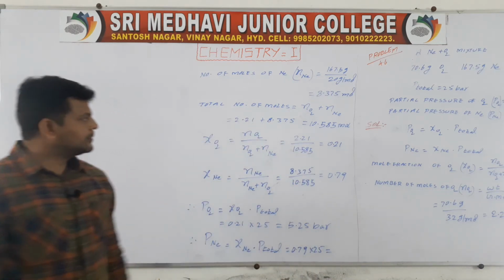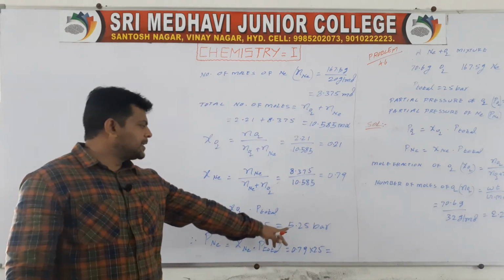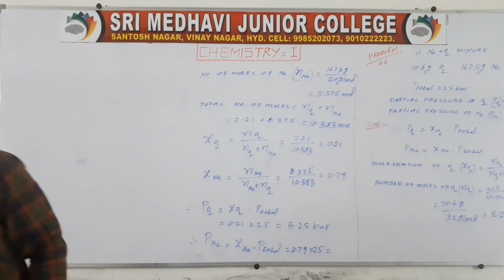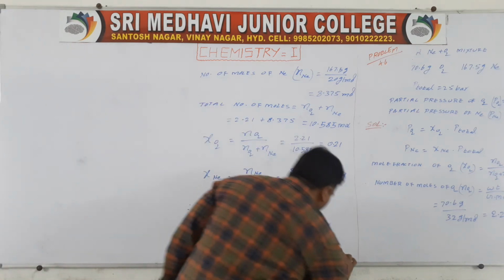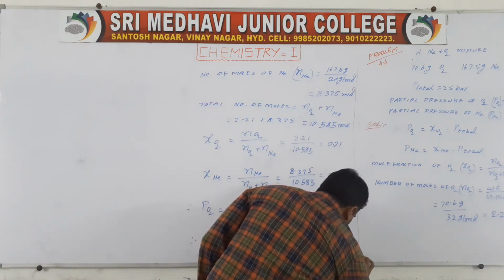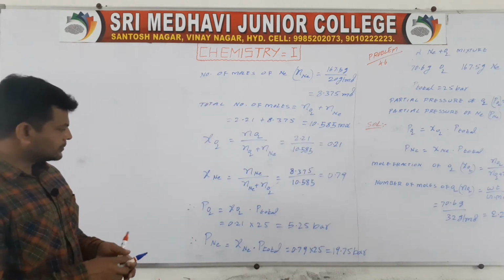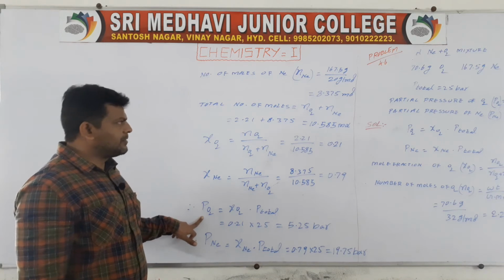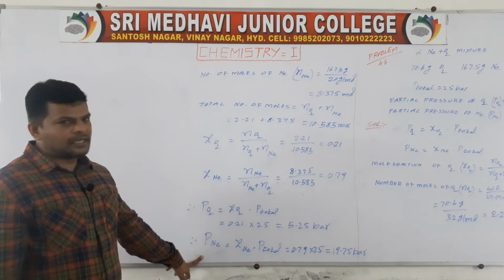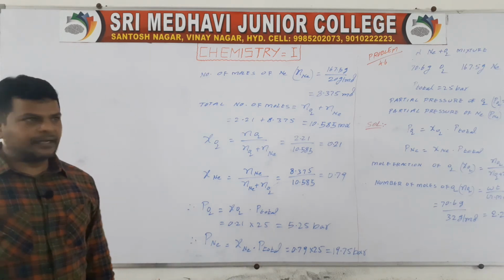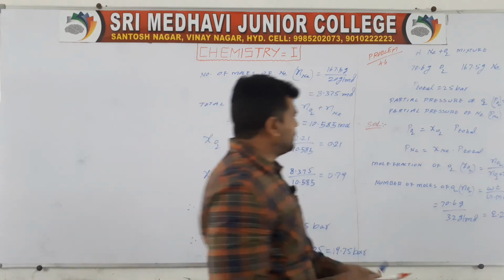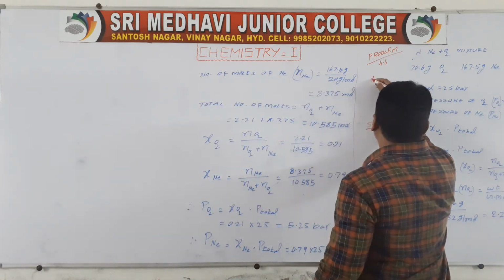Total pressure 25 minus 5.25 means 19.75 bar. So this is the partial pressure of oxygen and this is the partial pressure of neon. Understand? This problem is important for 4 marks.